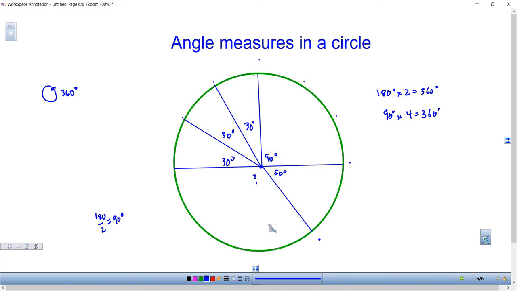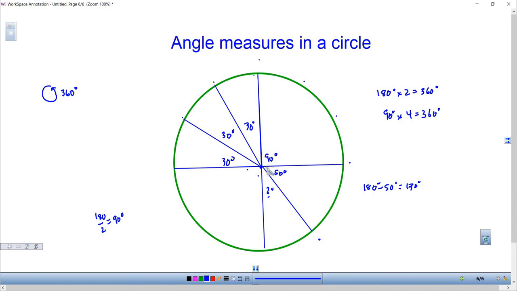What if I said, how much is this angle right here? Well, again, half the circle is 180. So if I did 180 minus 50, that would tell me that what's left is 130. So this part would have to be 130 degrees. If I were to draw a line straight down from here, like that, and again, they should all go through the center, and I said, what is this angle right here?